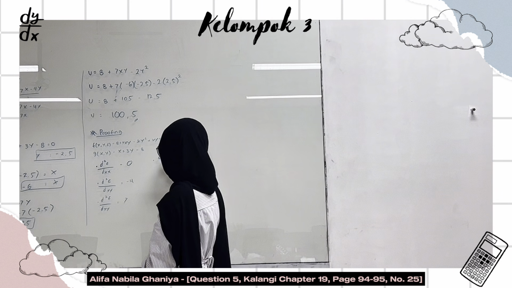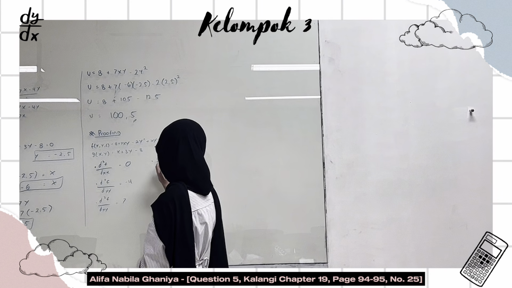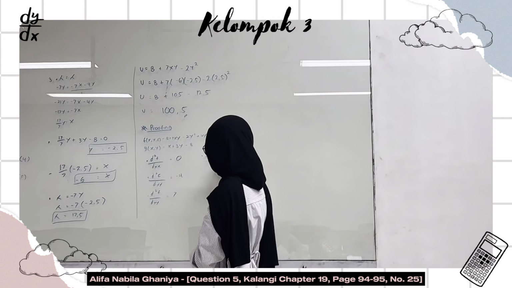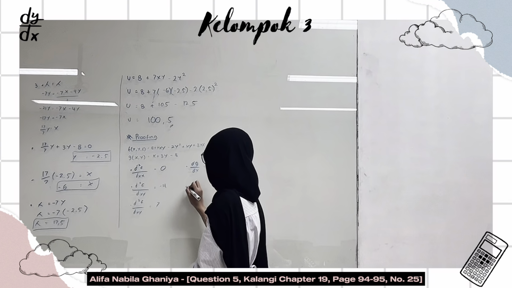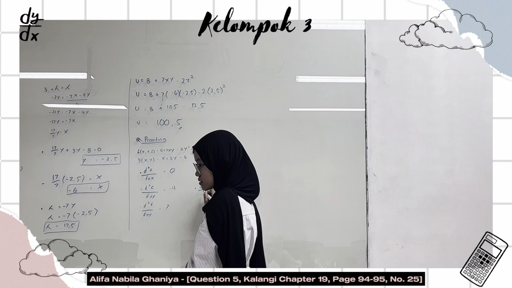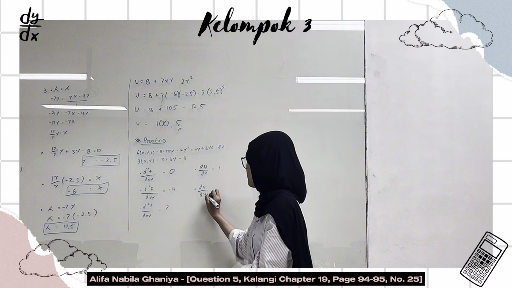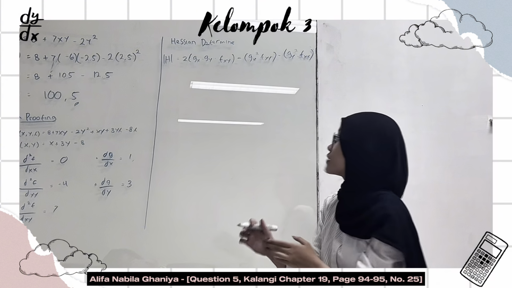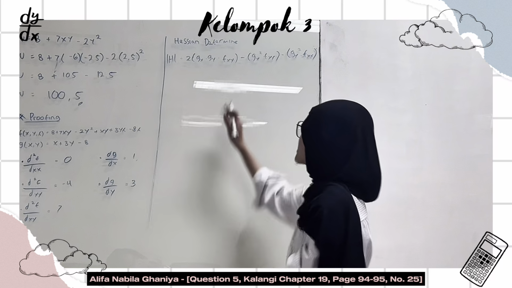Dou g per dou x is 1 and plus dou g per dou y is 3. Okay, next we need to find the Hessian determinant with this formula.